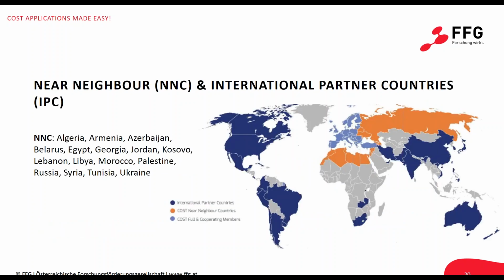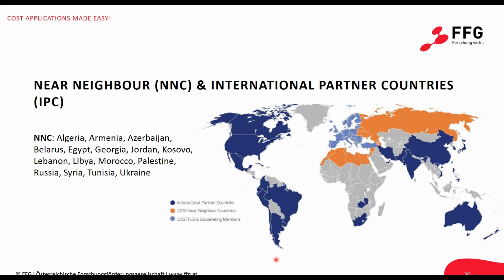So, here you just see the map of near neighbor countries and international partner countries. In the middle now, here in light blue, we have the COST full member countries, both ITCs and non-ITCs in the same color. In orange, you see the near neighbor countries, which you have also listed here. And the international partner countries are actually all the other countries of the world.